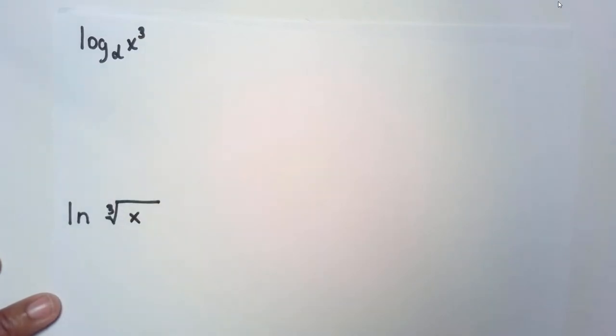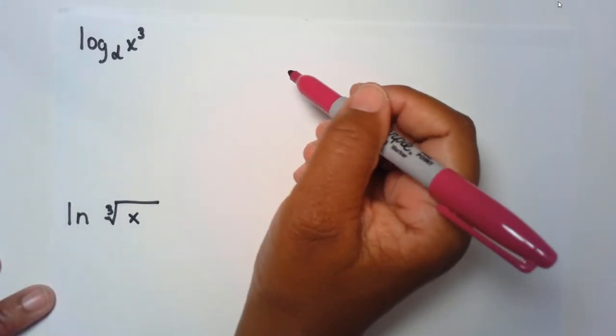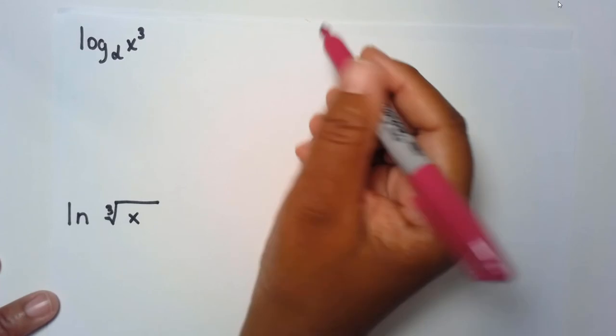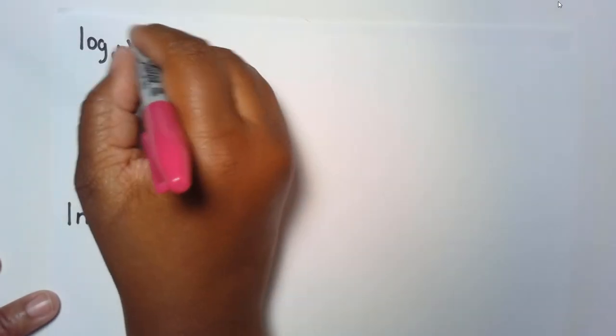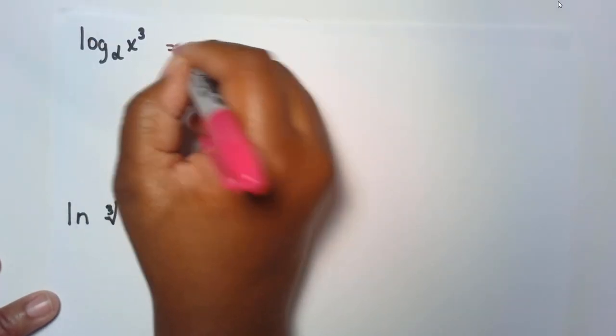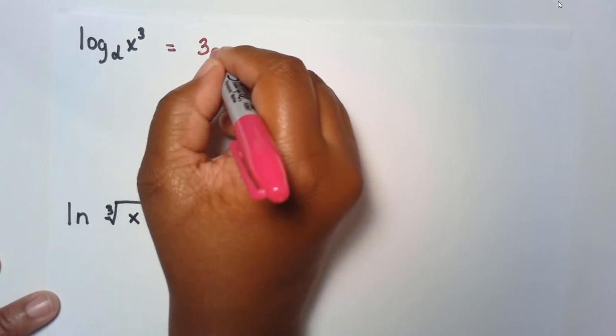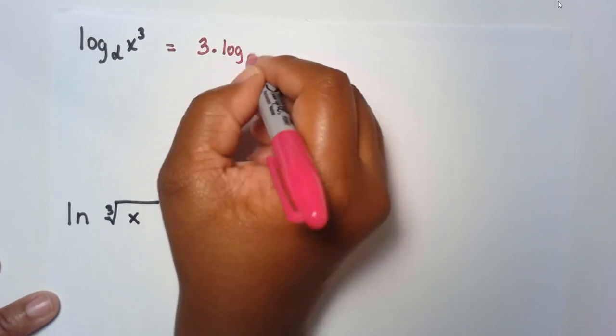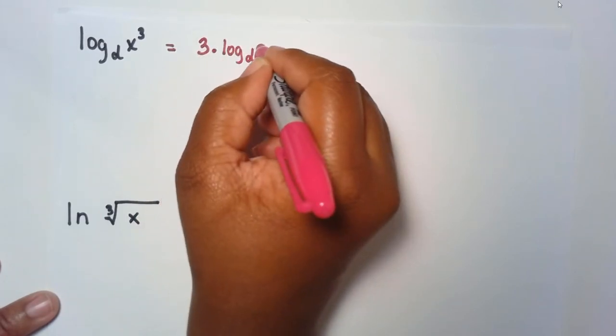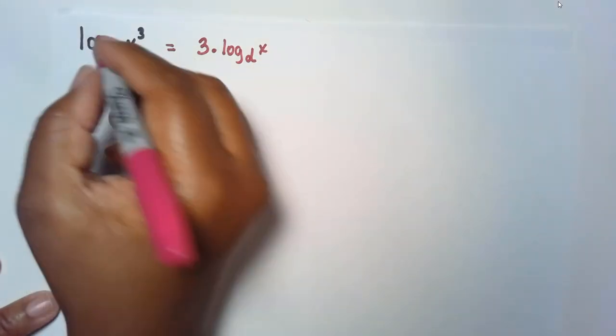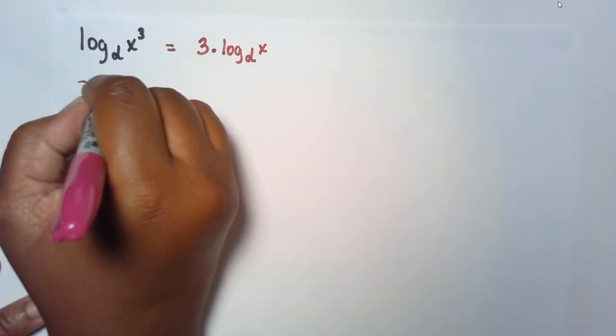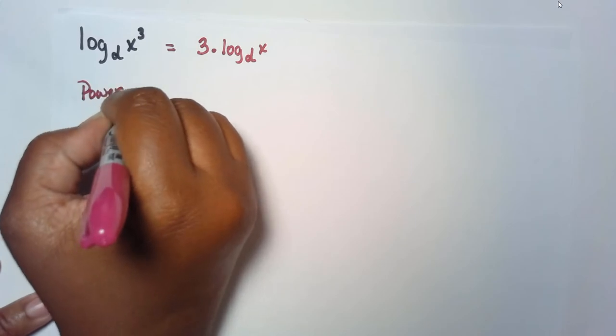We're going to use that power rule, where we're going to bring down the 3 and write it in front of the log. So we write this as 3 times log base d as in dog of x. Okay, so we're using the power rule.